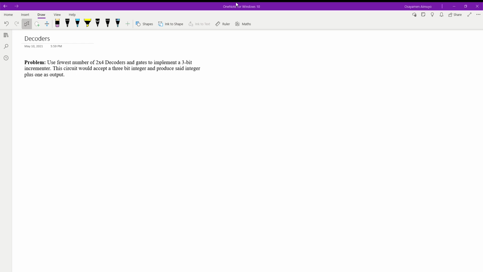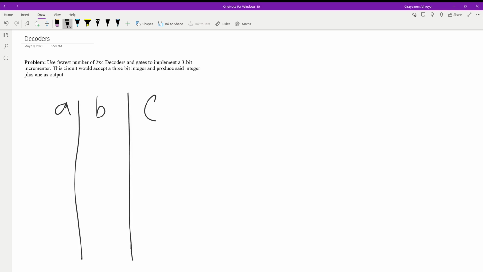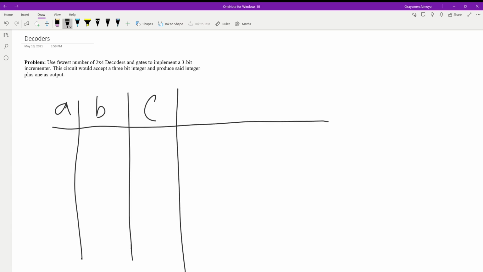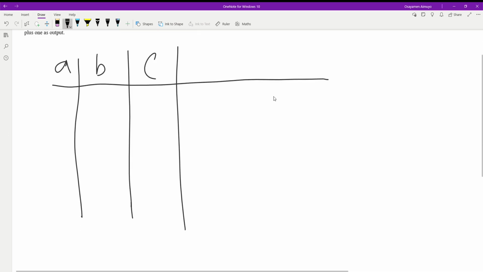So first step, let us get the truth table. So for this, we are dealing with a 3-bit incrementer. So we're going to need 3 inputs, A, B, and C. And now, since it is an incrementer, our outputs would comprise 4 bits at most.